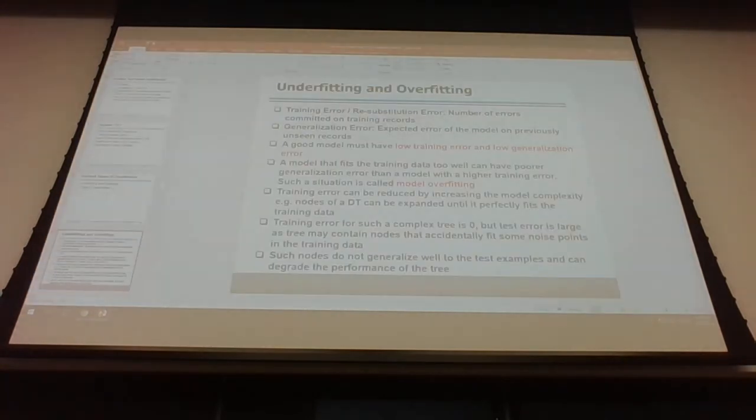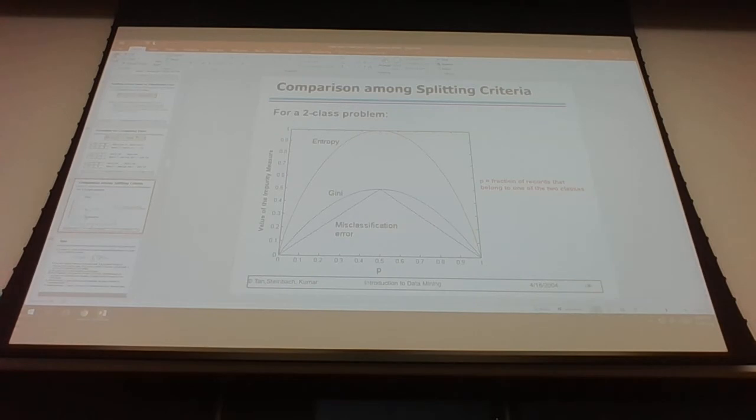So there was a question last time about monotonous and non-monotonous. I was going to say something about the purity matrix. Is the purity matrix monotonous or non-monotonous? It depends upon how you see the purity metric. If you look at the purity metric, on the x-axis is P, which means fraction of records that belong to one of the two classes. And on the y-axis, value of impurity measure. Any P greater than 0.5 is not useful.